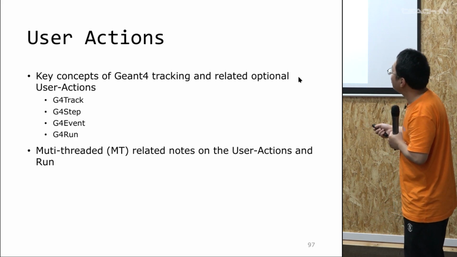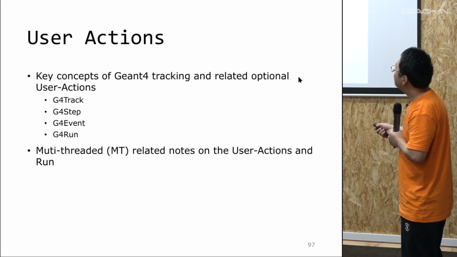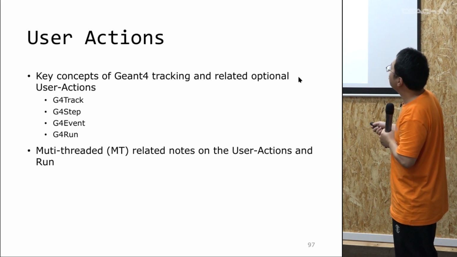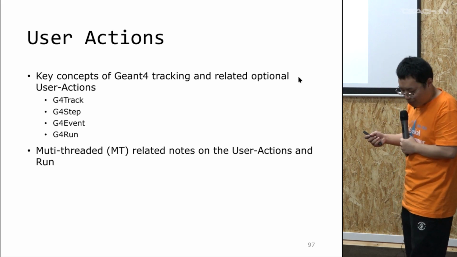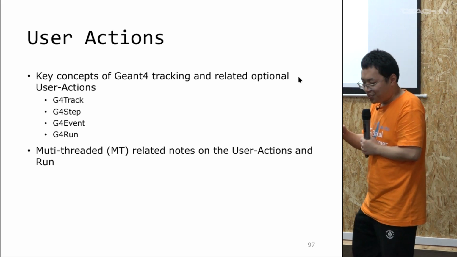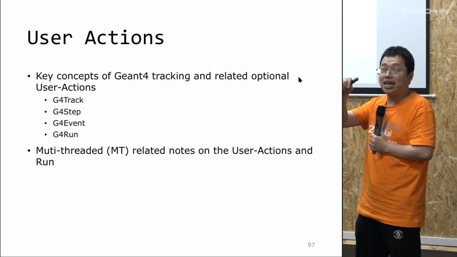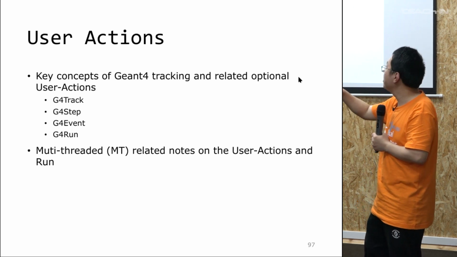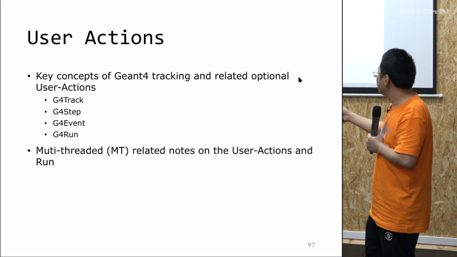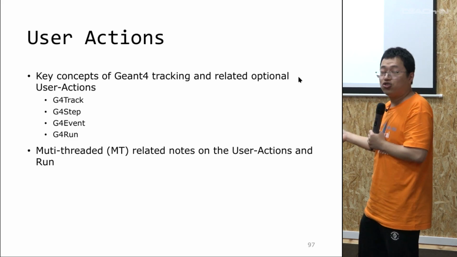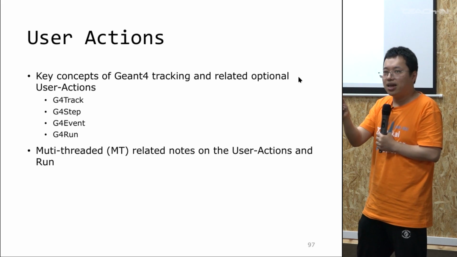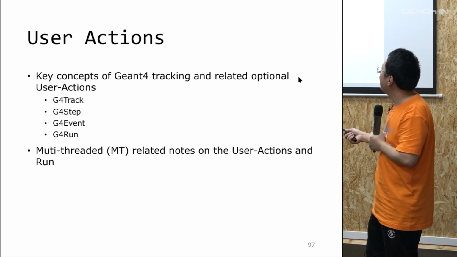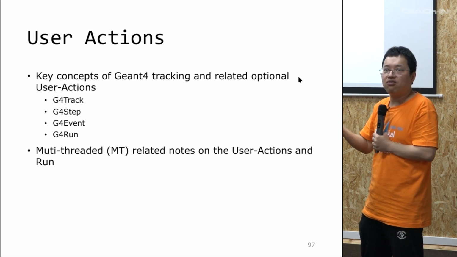Corresponding to these key concepts, there are corresponding user actions. For the track, we provide the tracking action, which can get the information at the beginning and at the end point of the track. For the G4 step, you can know each step's information. And for the G4 event, you can get the event-level information.